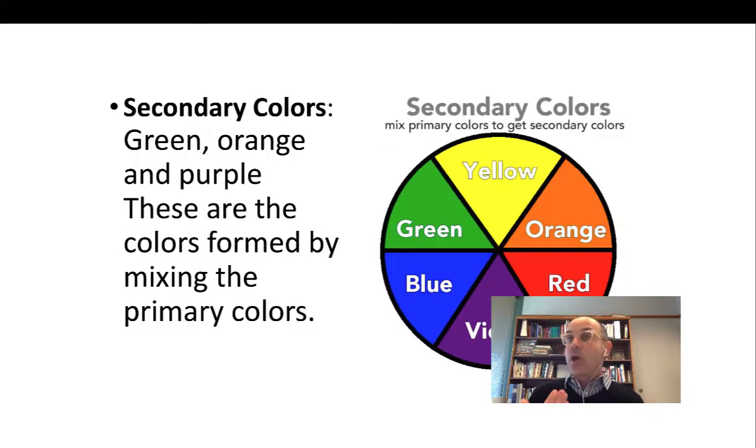Secondary colors include green, orange, and purple, and those are colors formed by the mix of the primary colors. So when we are talking about green, it's basically a combination between the yellow and the blue. Or the orange is a combination between the red and the yellow.